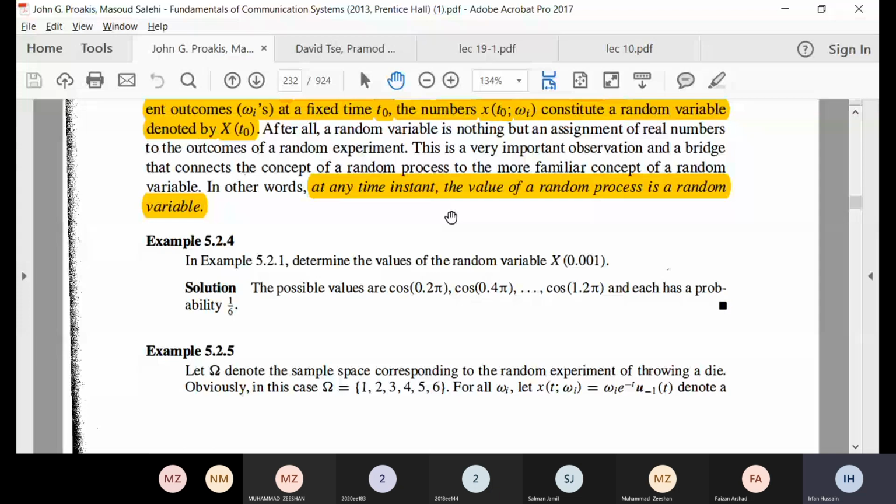And similarly, as we know, a random variable is a mapping from the sample space of a random experiment to a real line. Similarly, on the same lines, a random process is a mapping onto a time domain function. Hence, you can also relate a random process with a random variable.